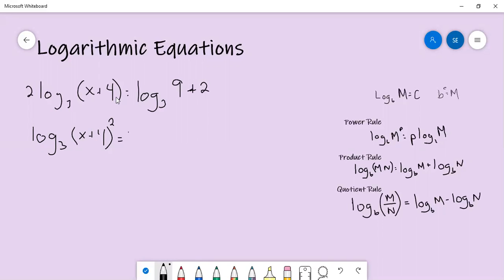Okay, the next thing I want to do is get all of my log stuff together. This is a 9, and we could probably simplify that, but if it was x or something else, we want to condense all of our log stuff together. So I'm going to subtract log base 3 of 9 from both sides.